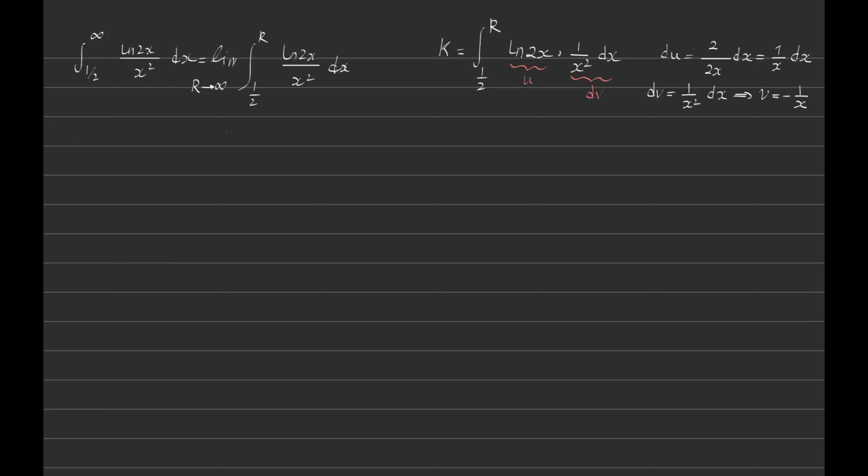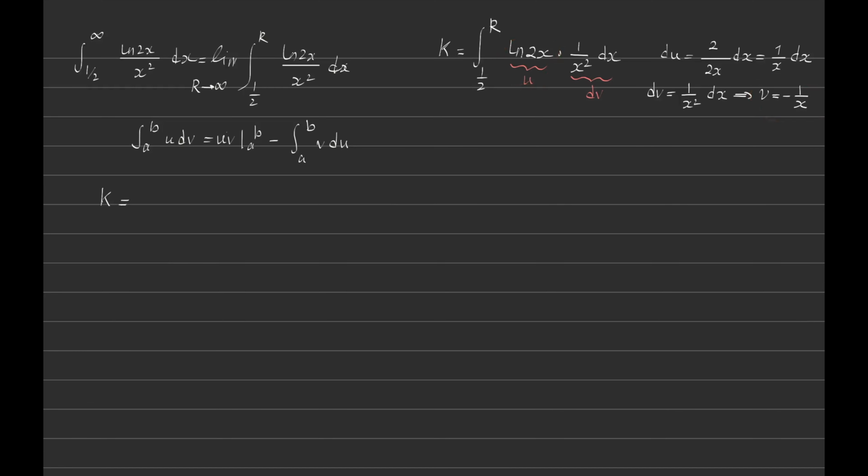Now I use the formula for integration by parts, so let me write it again in front of you. The integral from a to b of u dv is equal to uv from a to b minus the integral from a to b of v du. So K is equal to u times v. This is my u and this is my v.